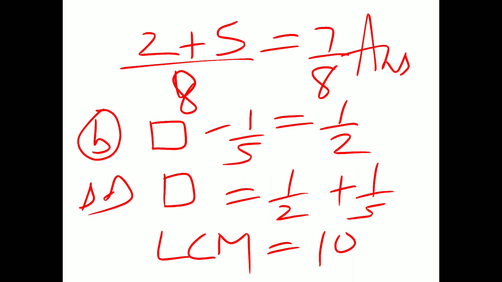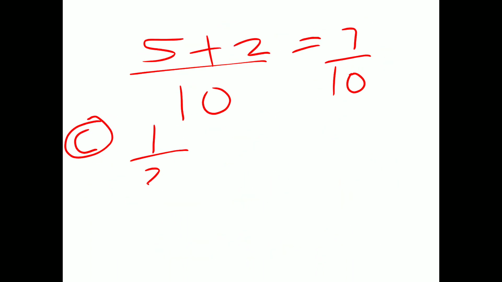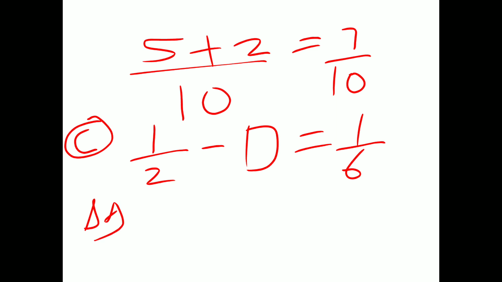C part is half minus box is equal to 1 by 6. Clear? This is the question only. Now we will not send the number that side. We send this box that side, and this 1 by 6 we send this side. So we write 1 by 2 plus 1 by 6 is equal to box.